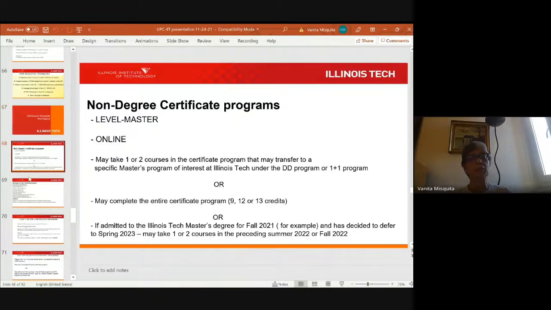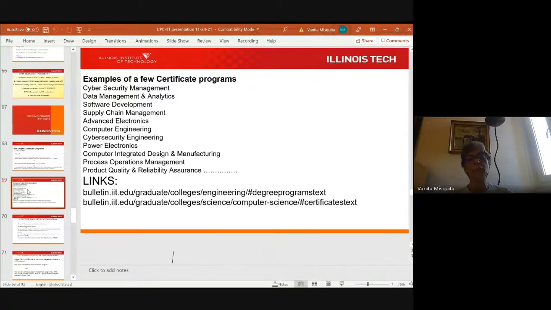We have certificate programs. These are non-degree, mainly master degree level. So you have to have had a bachelor degree already. You could take one course from the certificate program that could apply to your double degree program at a 50% discount.